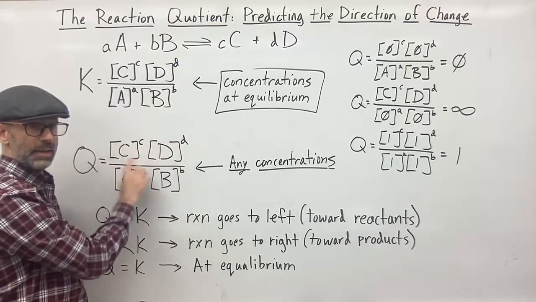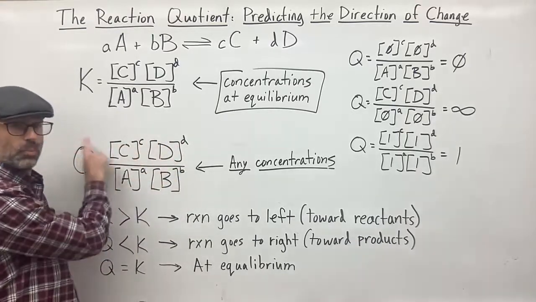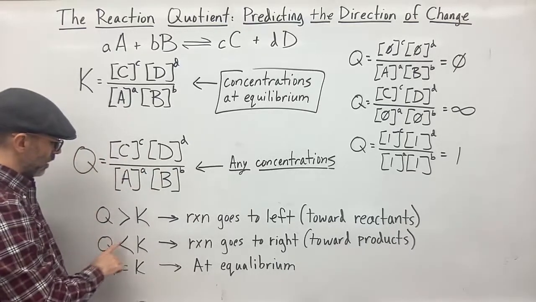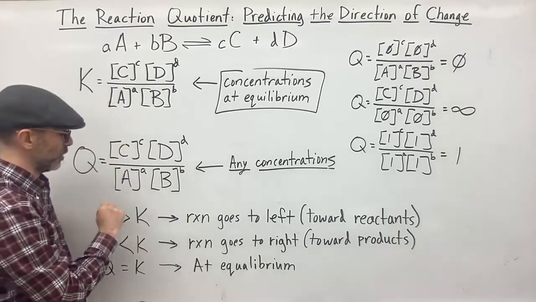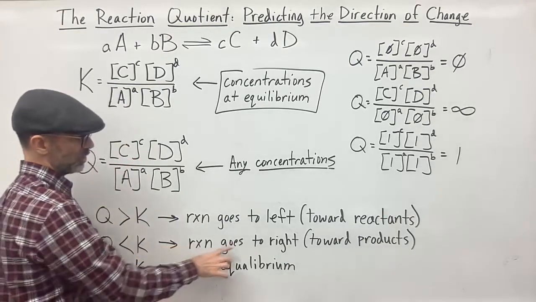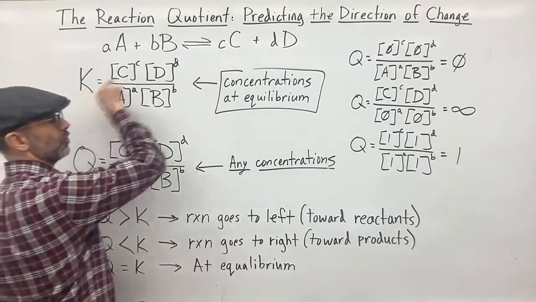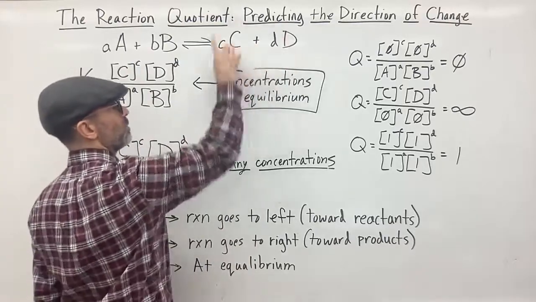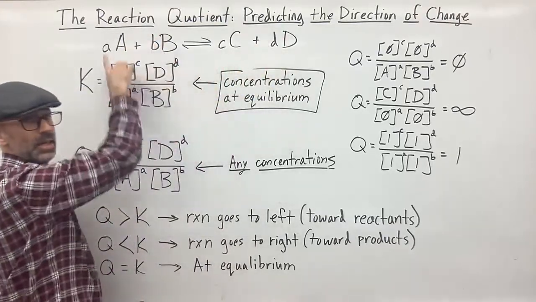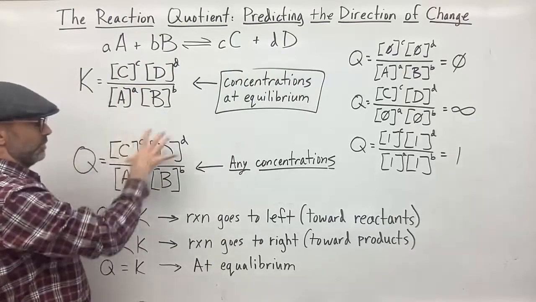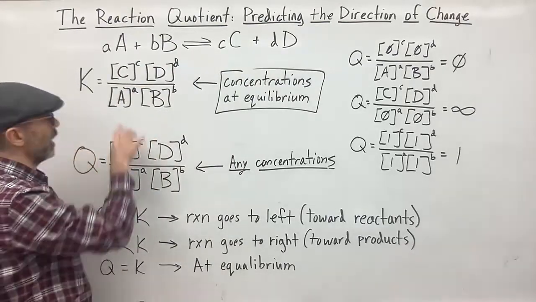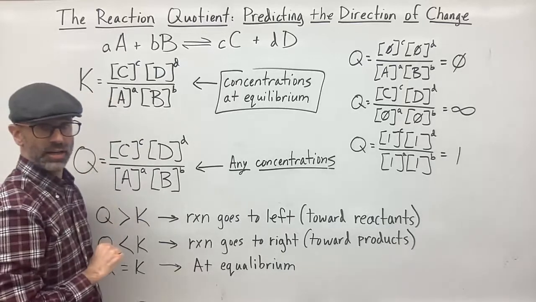That makes Q bigger, moving toward equilibrium. So the reaction needs to go to the right, creating more product and lessening the amount of reactant, and Q will approach K.